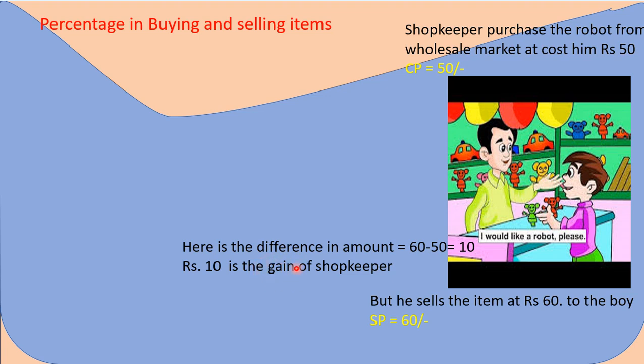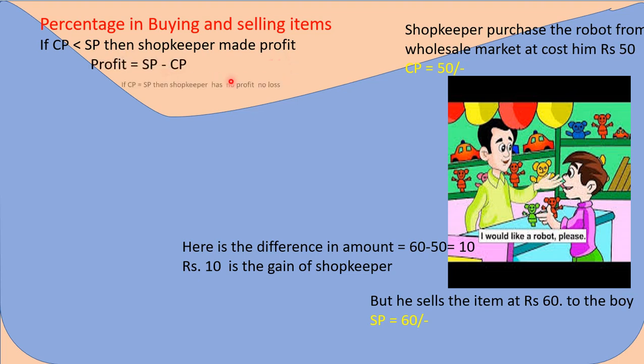This gain is known as the profit. Now please remember again, between the cost price and the selling price, which one is greater? Yes, the selling price. So we can say when the cost price is less than the selling price, the shopkeeper made a profit, and profit is equal to selling price minus cost price.